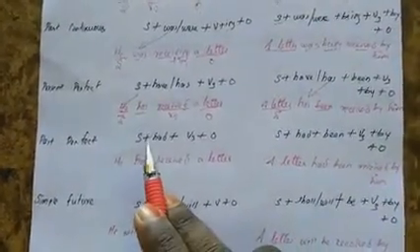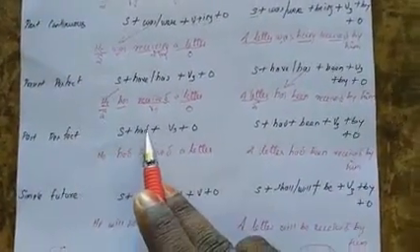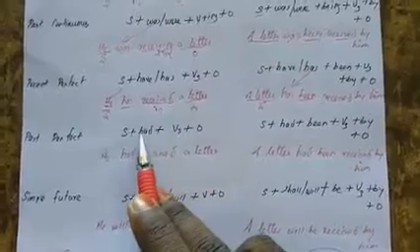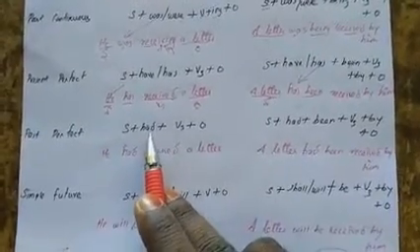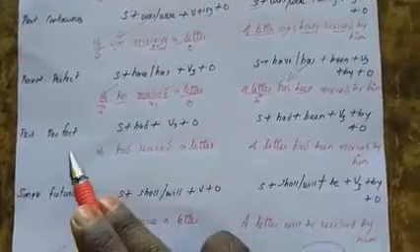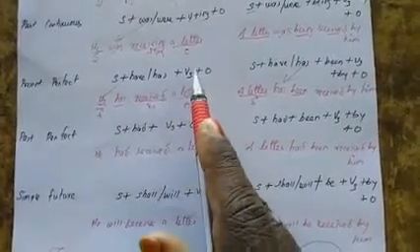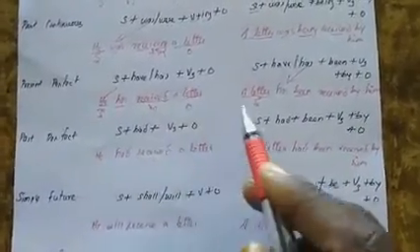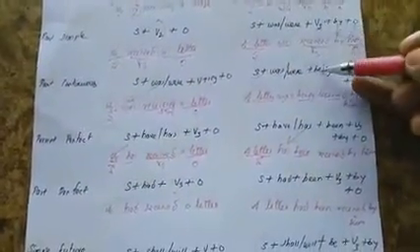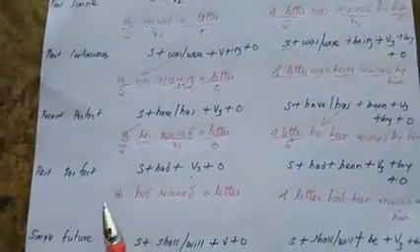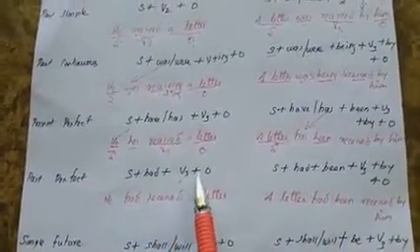Next one is the past perfect tense. The past perfect tense formula is subject plus had plus V3. As I told already, whatever the subject, you have to use had alone, and V3. In perfect tense, you have to use V3 in the active form as well as in the passive form. But for the remaining tenses, you have to use V3 only in the passive form, not in the active form. Okay, right. So past perfect tense: subject plus had plus V3 plus object.